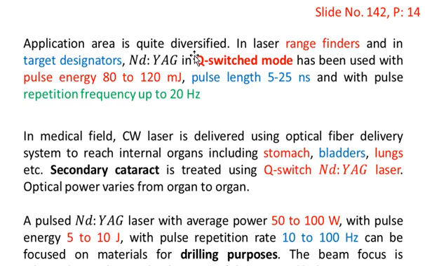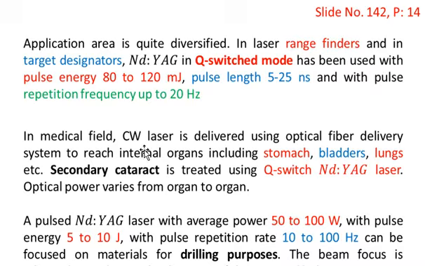Application area is quite diversified for the Nd-YAG lasers. In laser rangefinders and in target designators, Nd-YAG in Q switched mode has been used with pulse energy ranging from 80 to 120 millijoule, pulse length from 5 to 25 nanosecond, and with pulse repetition frequency up to 20 hertz.